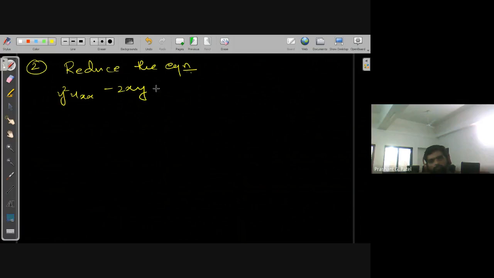Let us solve the second sum. Reduce the equation, that is y square uxx minus 2xy uxy plus x square uyy equal to y square by x ux plus x square by y uy.